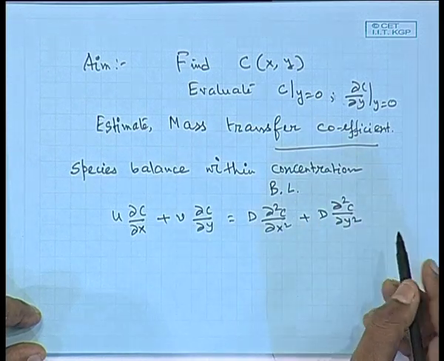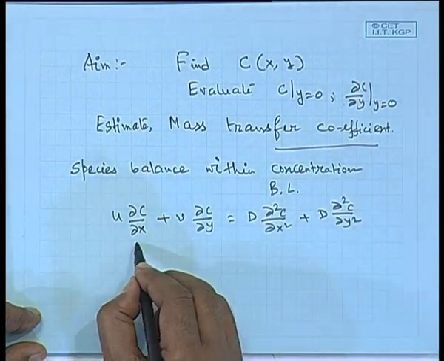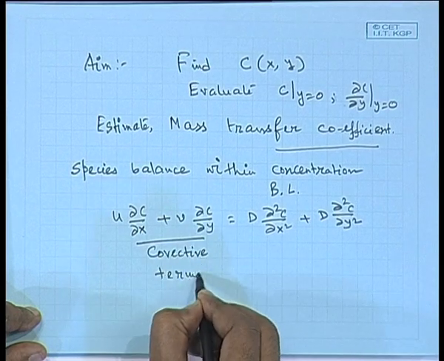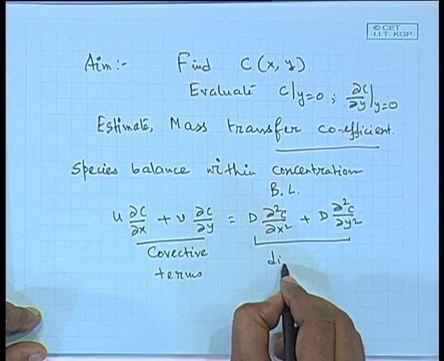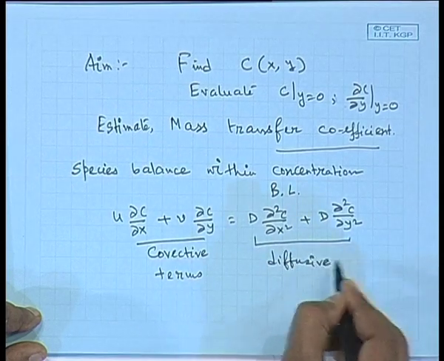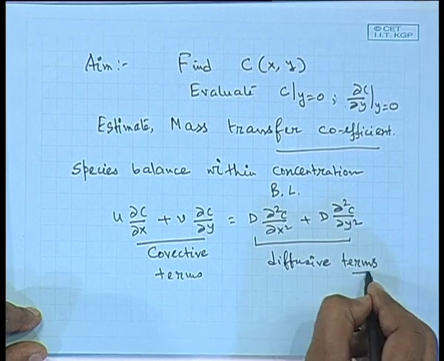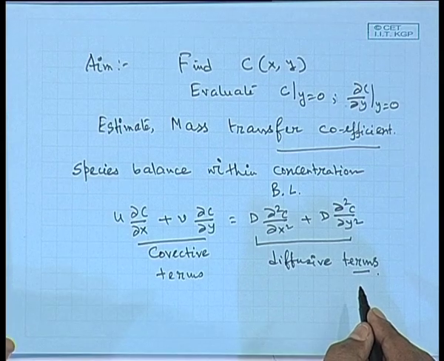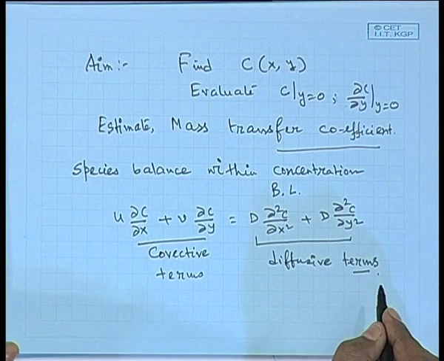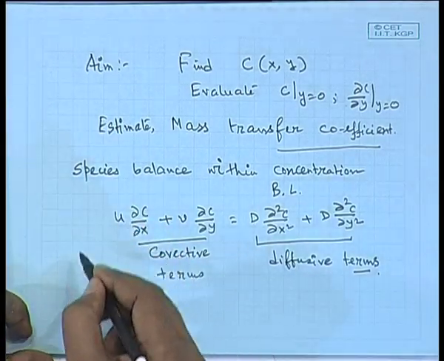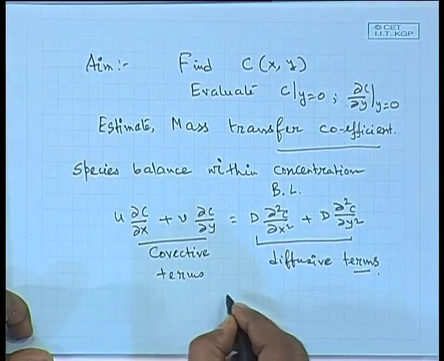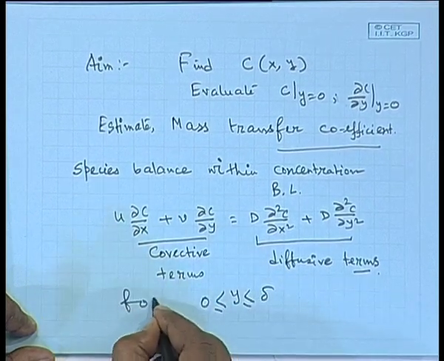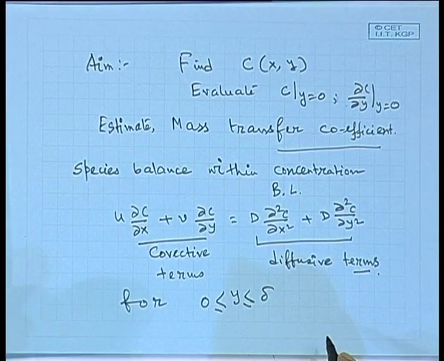And these will be the convective terms, and these will be the diffusive terms, and it is a steady state problem. So, del C del t will not be present. Okay. Now, this equation is valid within the concentration boundary layer, that means for 0 to delta, right.